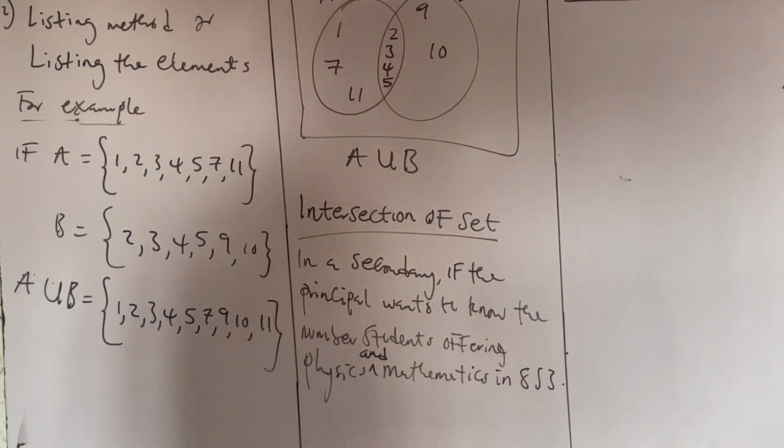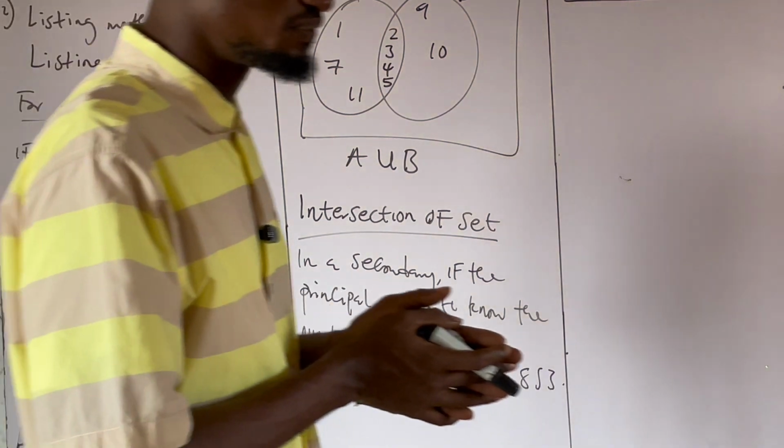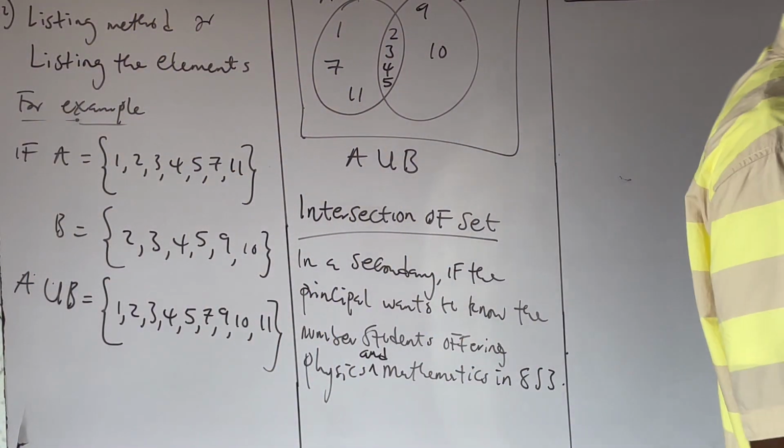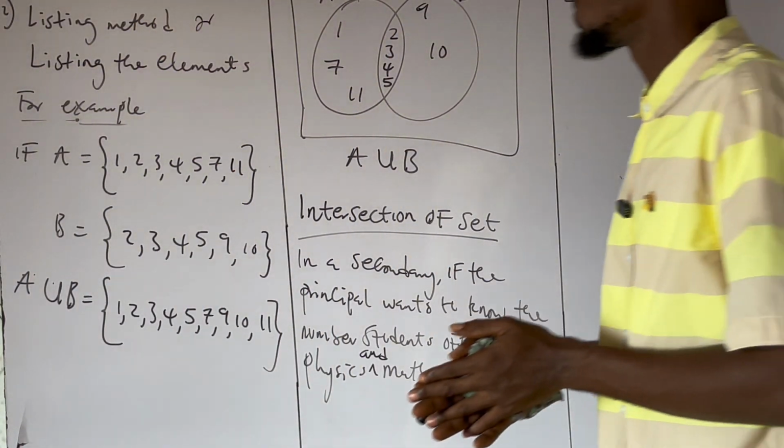First of all, we are going to list the number of students offering physics. We'll list the number of students offering mathematics. So what do we do then?